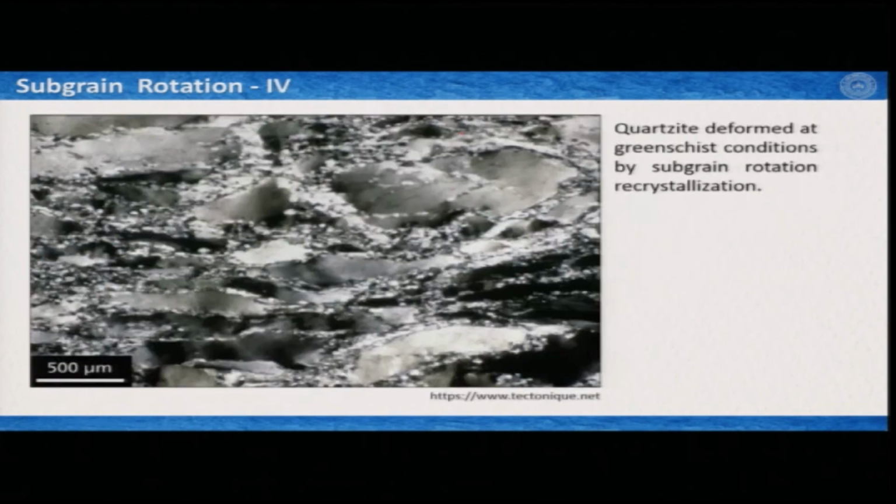And if we look at a different scale, this is a fantastic necklace microstructure. So, these are the large deformed stretched quartz grains, these are parent grains, and all these tiny things decorating the boundary of the parent grains here, here and so on, these are daughter grains.